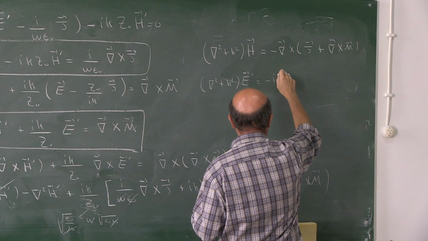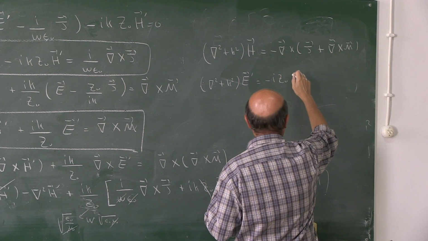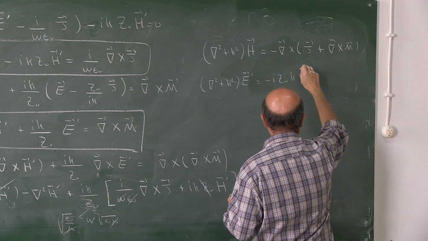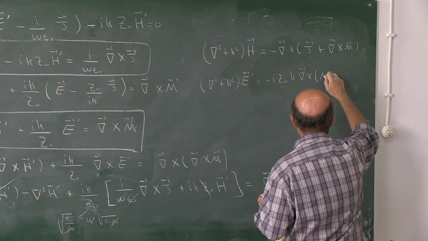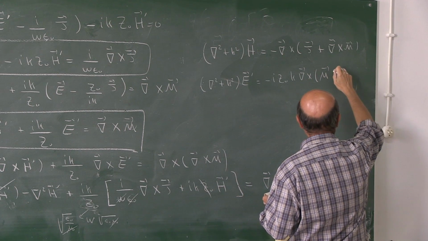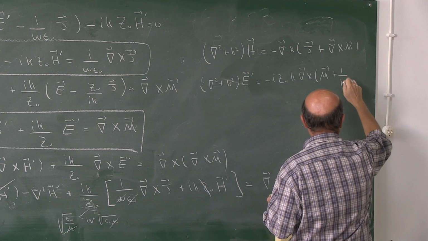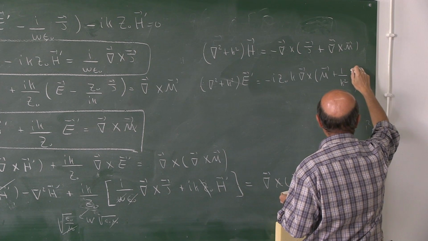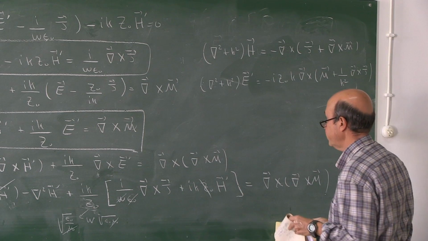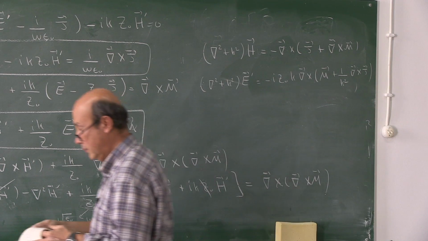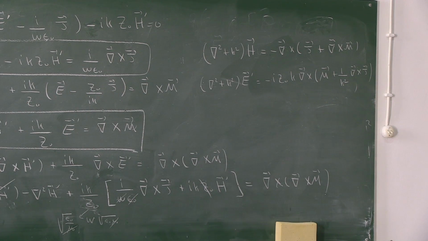That will be minus i Z0 k curl of magnetization plus 1 over k square curl of current density. So we have now a non-homogeneous wave equation.